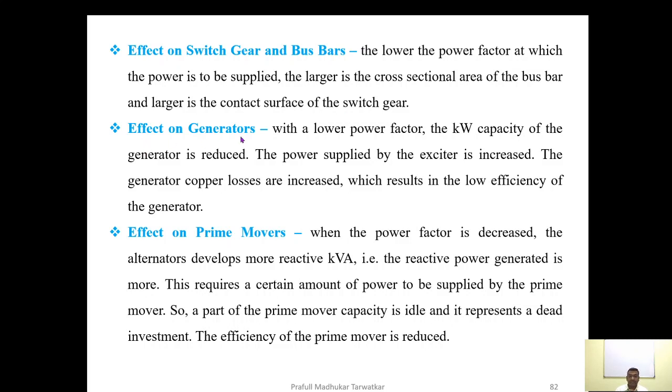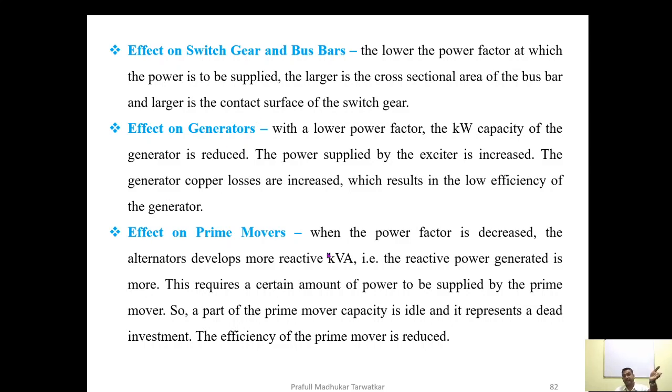Effect on the generator: because they have to supply more power to the load, they have to produce more. So ultimately it is beyond their capacity. We have to install higher capacity generators, contributing more cost in the investment. Then the effect on the prime mover.